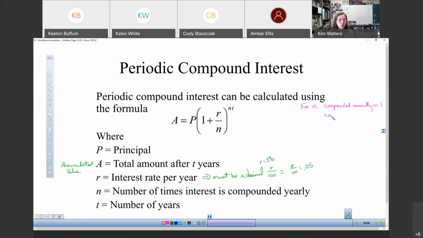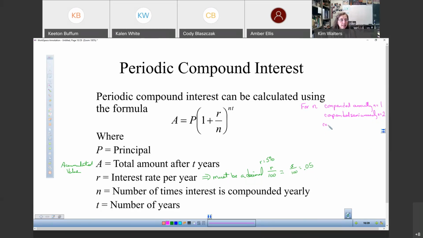If it tells you that your interest was compounded semi-annually, N is going to be 2 because it's twice a year. Lots of people have a semi-annual sale. That means they have it twice a year, okay? I know, I'm all about the sale things.